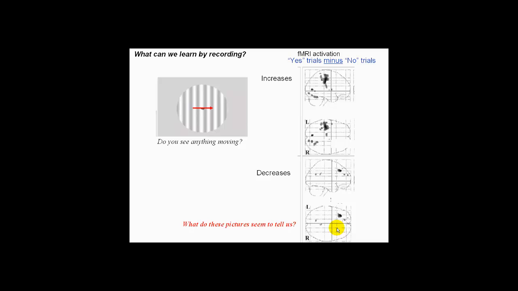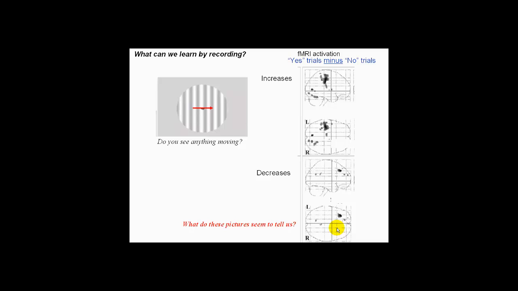A moving grating was shown, but the contrast of the lines in the grating was made very, very weak, so that sometimes subjects said they saw it, and sometimes subjects said they didn't see it. All this was being done in an fMRI scanner, and one looked to see what the pattern of activity was. They looked at the pattern of activity when the subject said yes, and the pattern of activity when the subject said no, and they subtracted one from the other, so that you get a difference picture.